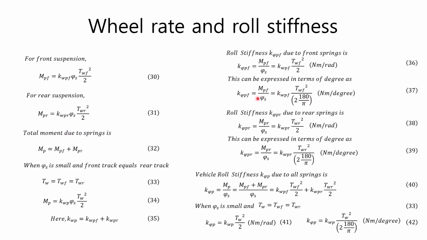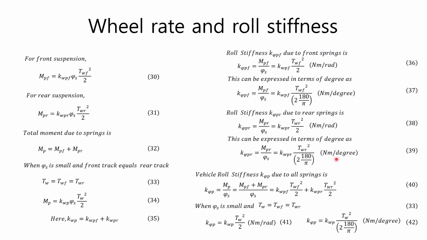Equation 37 gives the roll stiffness of the front spring of equation 36 in Newton meters per degree. In the same way, the roll stiffness K phi PR for the rear spring can be obtained as shown in equation 38. Equation 39 gives the roll stiffness of the rear spring of equation 38 in Newton meters per degree.